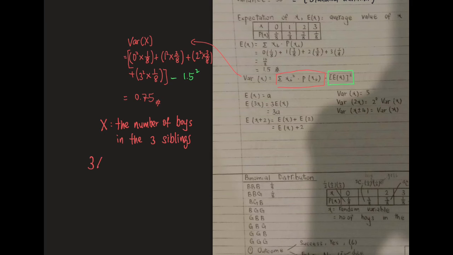What is 3x? So 3x is just 3 times of the x. Let's say 3 times the number of boys in the 3 siblings.